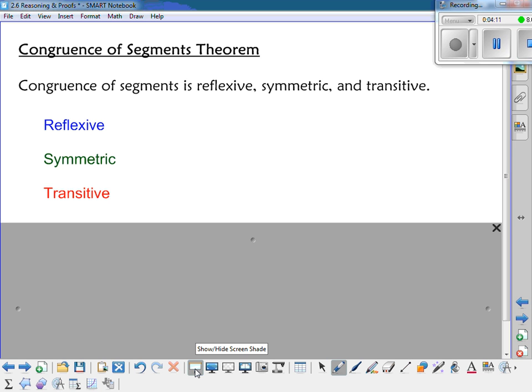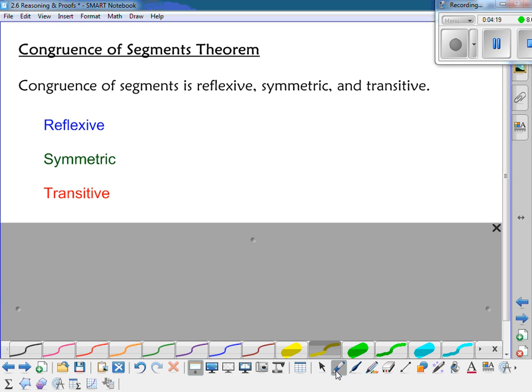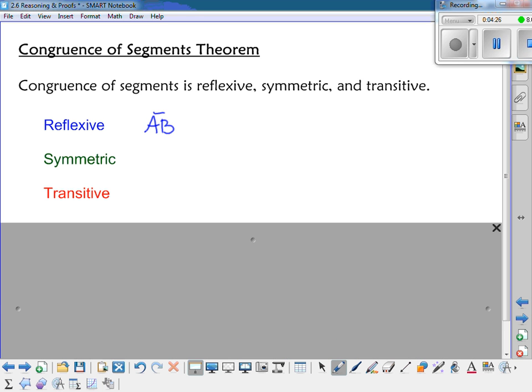When we're talking about congruence of segments, we can use reflexive, symmetric, and transitive properties. For instance, the reflexive property: segment AB is congruent to itself. It's very similar to the property of equality, it's just now we're dealing with congruence.